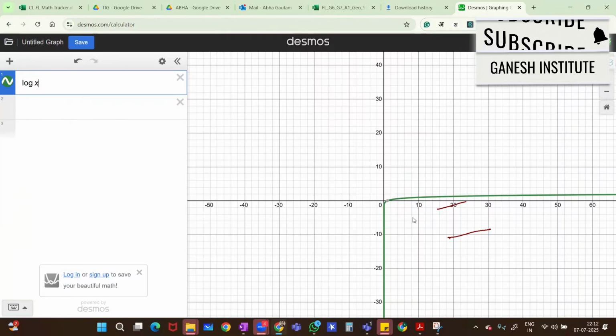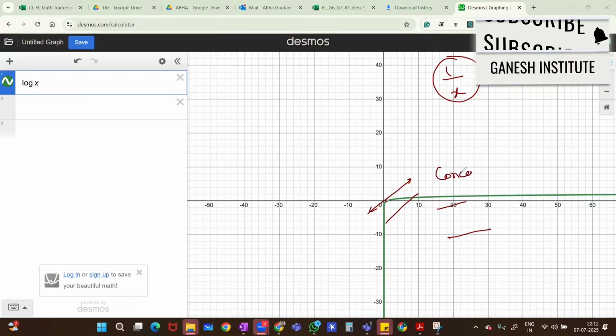So basically, if you derivate, you know why? This is 1 upon x. It will give you negative values, right? If we use that concept, the tangent is up, the chord is below. This is a concave function.